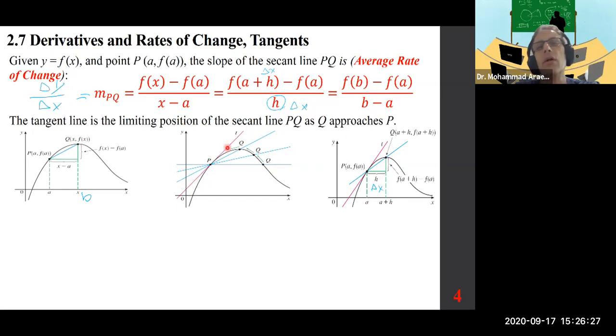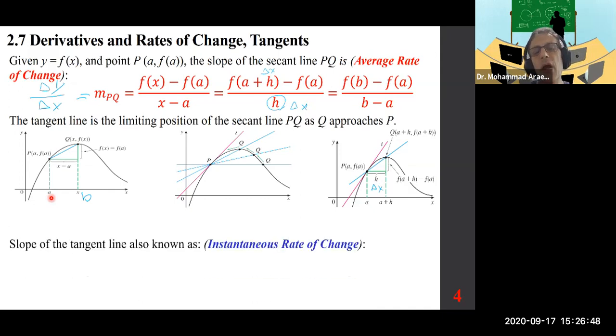To the tangent line. So I hope you realize the concept. So Q moves towards P, okay? You can say H goes to 0 or delta X goes to 0. Or you can say B goes to A or X sub 2 goes to X sub 1. All of them mean the same thing.